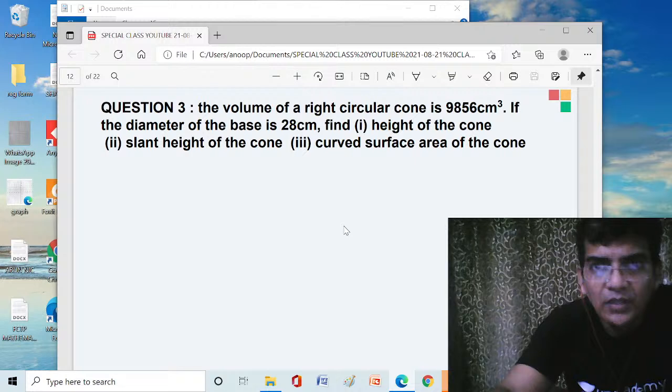First let me explain this. Now let's see how many dimensions a cone has.